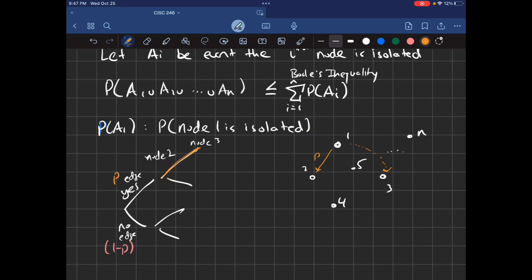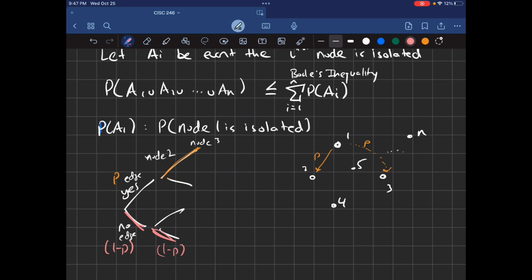Remember, an edge is formed with probability p, and no edge is 1 minus p. So no edge and no edge would mean you're isolated so far. So the probability that node 1 is isolated is (1 minus p) times (1 minus p). That would be if n equals 3.